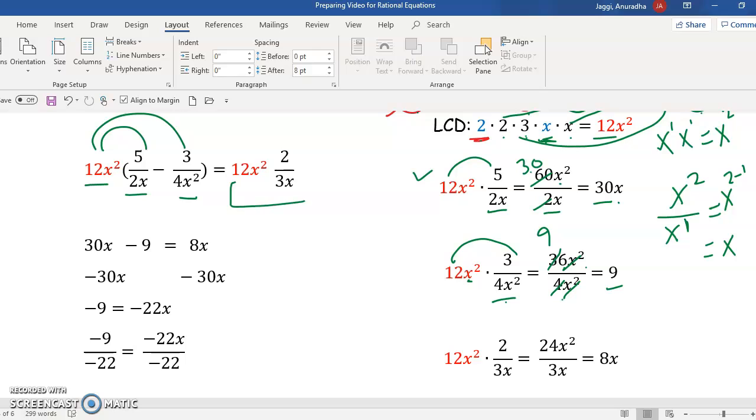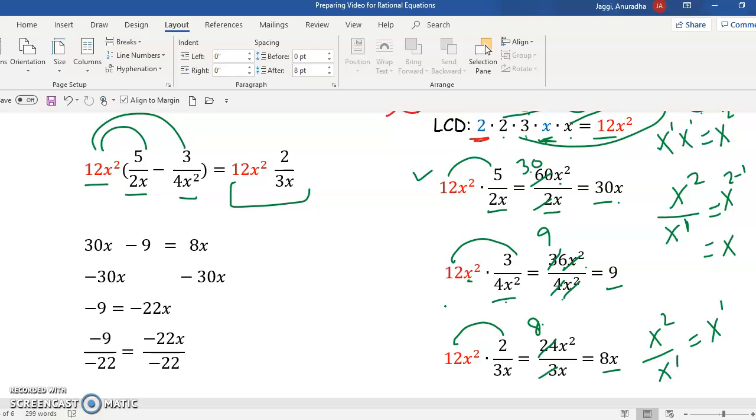Similarly, the right hand side. 12x square times 2 divided by 3x. 12 times 2 is a 24, and you get a 24x square divided by 3x. 3 goes into 24 8 times. Again, x square divided by x is equal to x to the power 1, which is x. So you get an 8x.